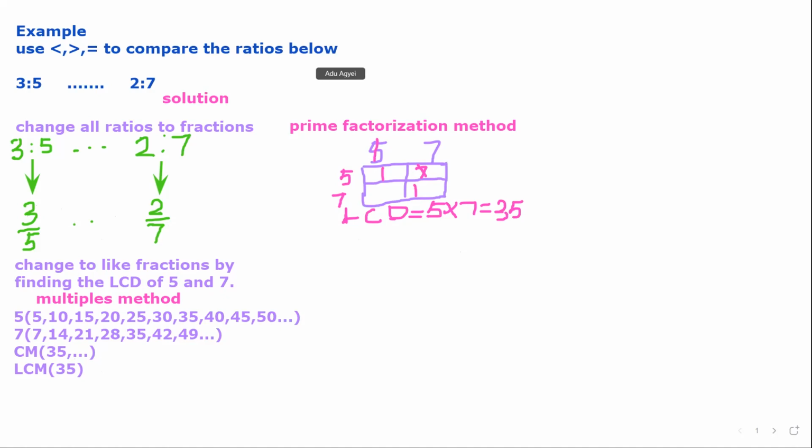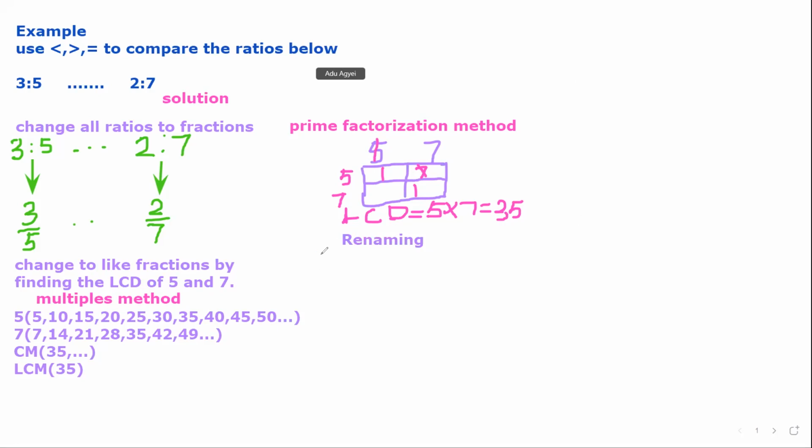So let's take the fractions themselves and rename them so that they will have the same common denominator. So this process of renaming, we call it renaming, okay? That one too, we can also call it writing them in their equivalent form.